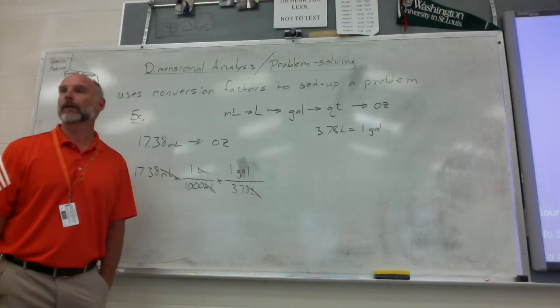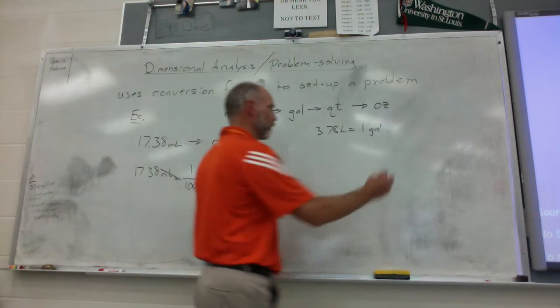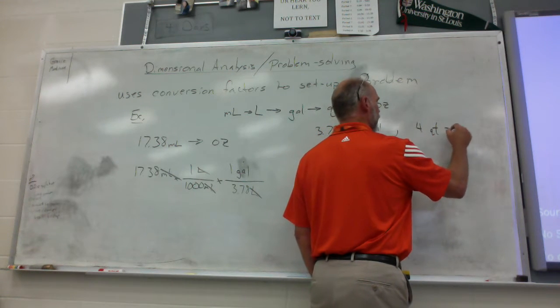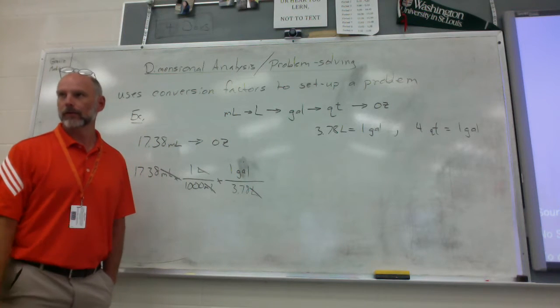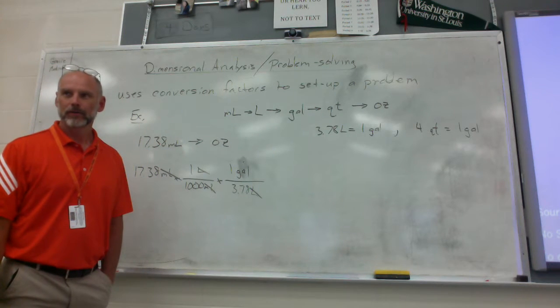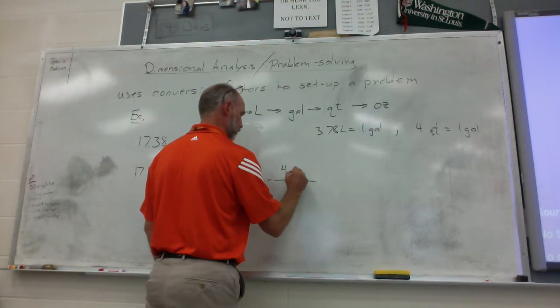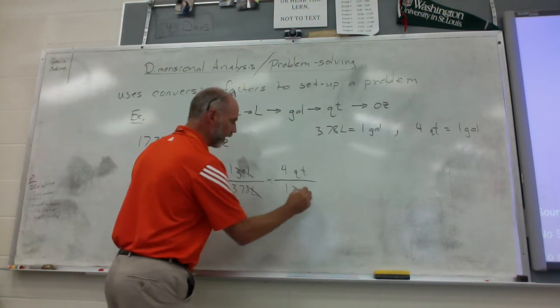Now I'm trying to get from gallons to quarts. As someone said earlier, there are 4 quarts in 1 gallon. What goes in the numerator? The quart. So that my gallon cancels out.